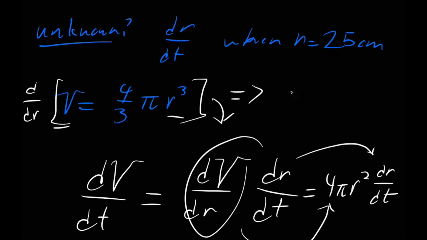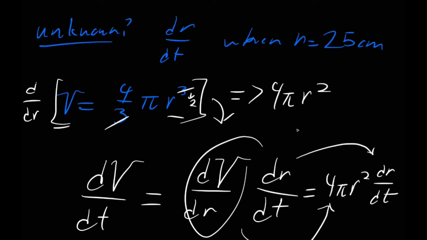Well, what is d dr of v equals 4 over 3 pi r cubed? Well, power rule this, guys. We just gotta power rule this. Multiply the 3 over. That cancels with that 3, and we decrease the exponent by 1 to get 2. So this becomes 4 pi r squared. And we just plug that right in here.